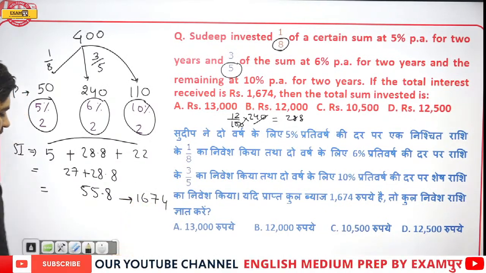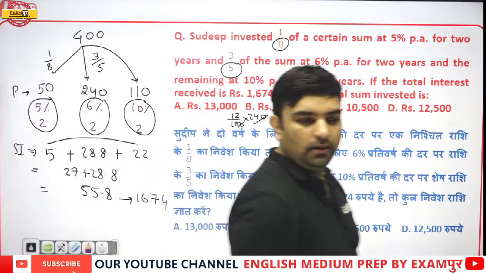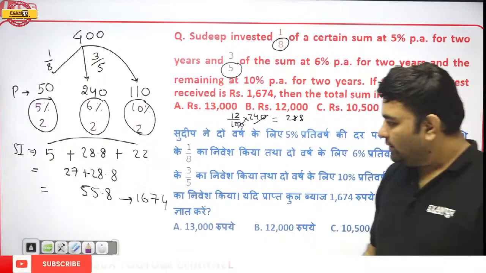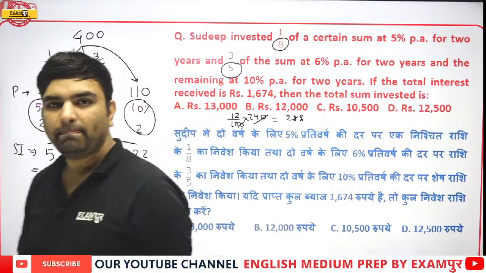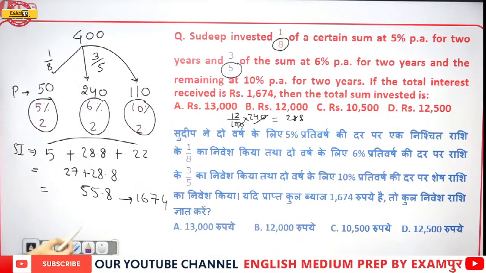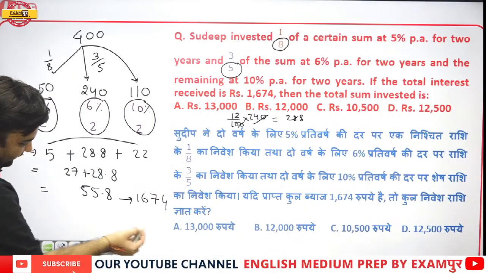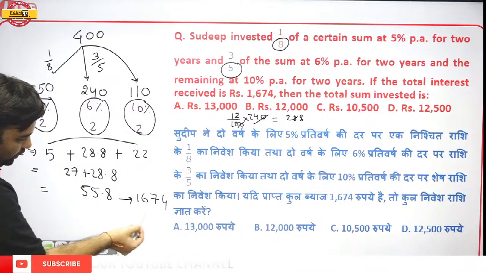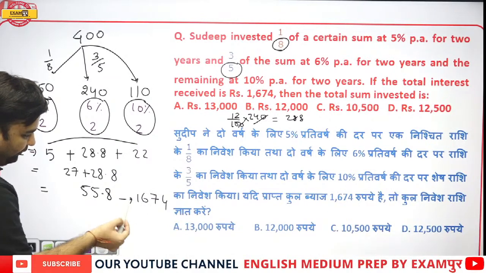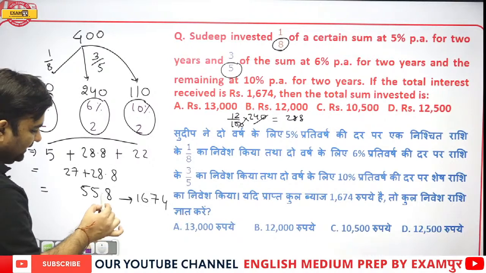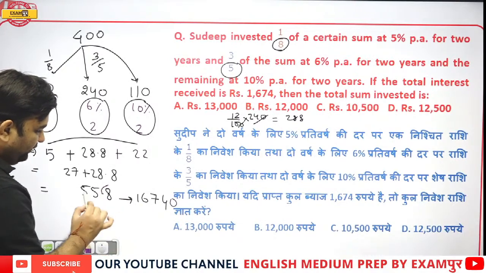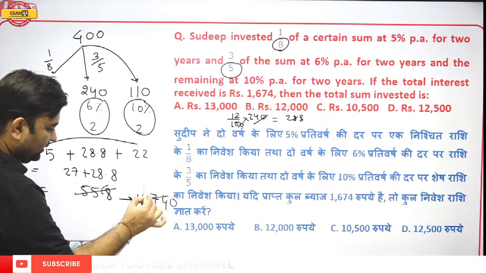1674. 8 3s are 24 and 55 into 3 is 165. So can you feel the multiplication of 3 over here?